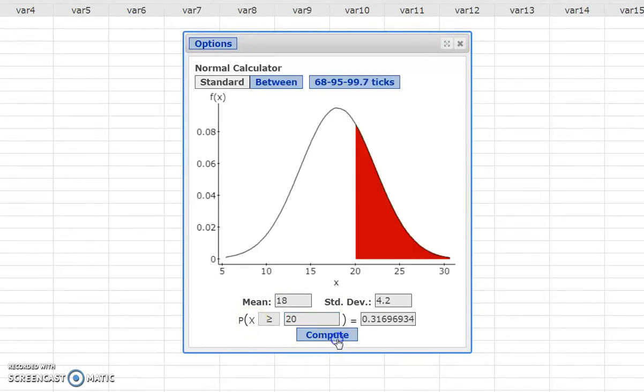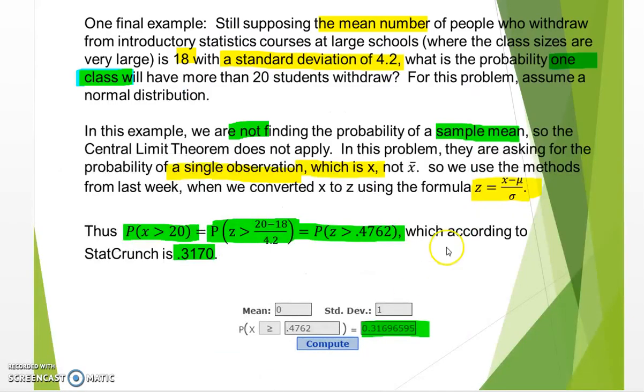Compute, and it's going to be 0.3170 again, the same answer. So this time you see the chance is much bigger. It's almost 32% chance, compared to what we had before with a sample of 36 classes having more than 20 students withdraw on average.